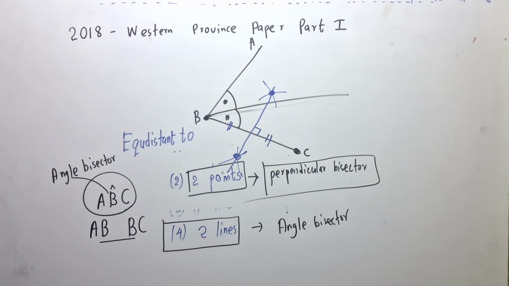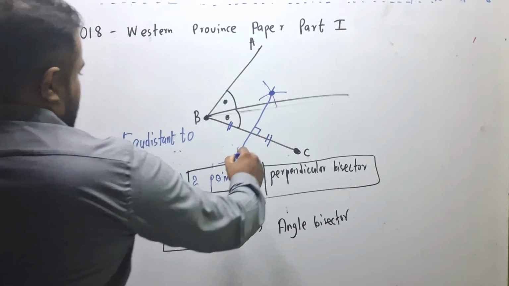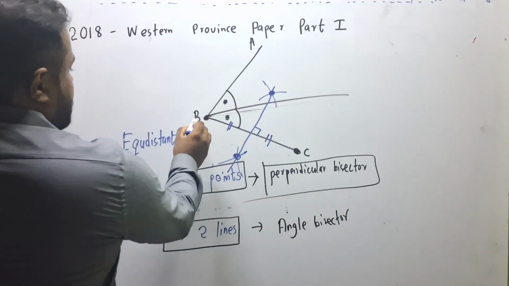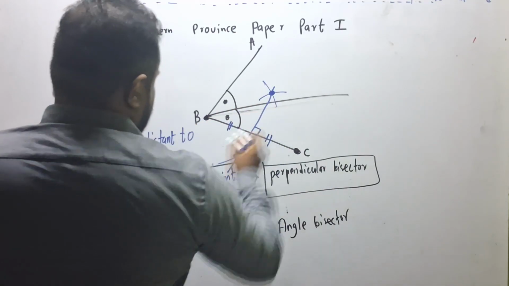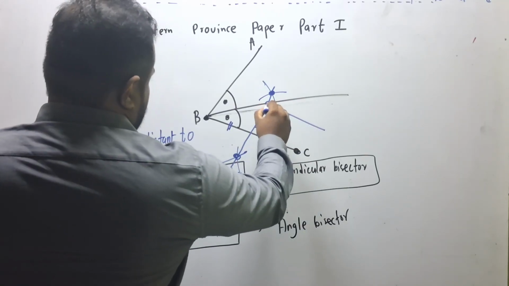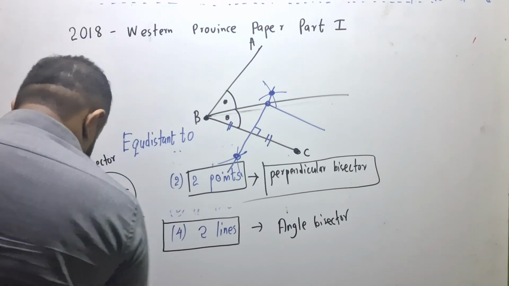So they are asking us to mark point P. So where is point P? This is the perpendicular bisector of BC. This is the angle bisector of ABC. The intersection point is here.